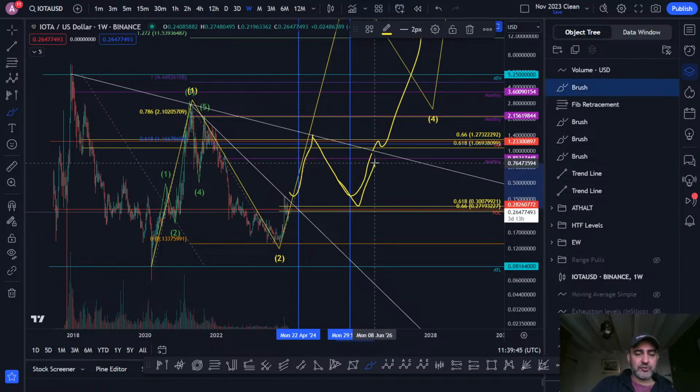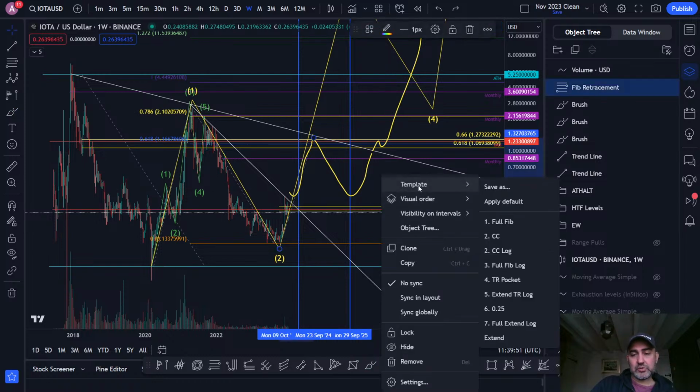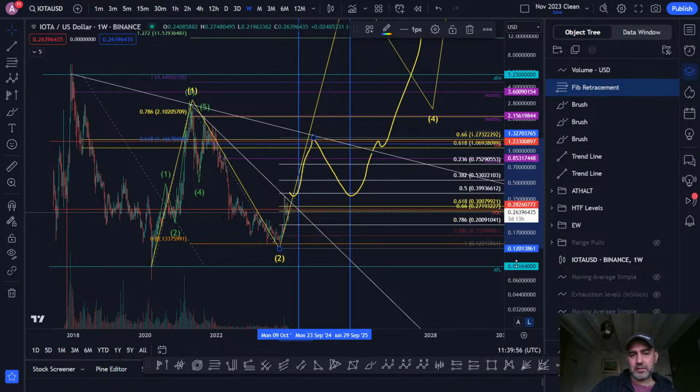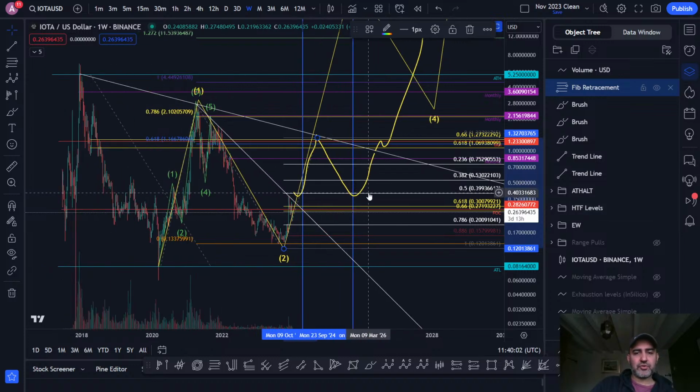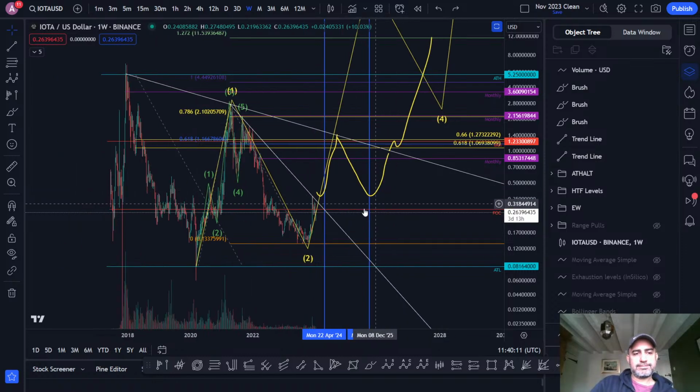That would be the best entry, but depending on how bullish it is, I would probably expect it to do a 50%. Yeah, 50%. And effectively then what you're creating on the higher time frame, really high time frame, is like an A, B, C, D. That's what it looks like.